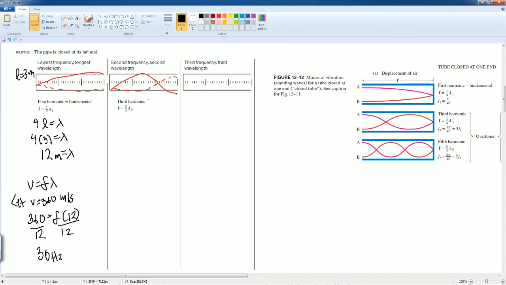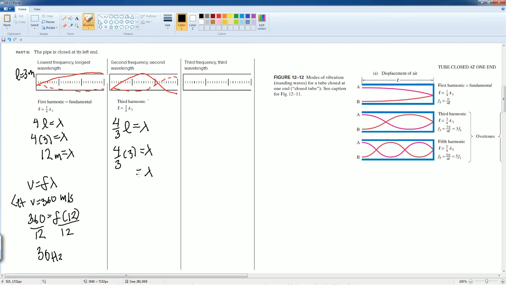So if you want to solve for the wavelength, you have 3/4 length. You would multiply by 4/3 to both sides. So you get 4/3 length equals lambda. So 4/3 times 3 for the length equals wavelength.